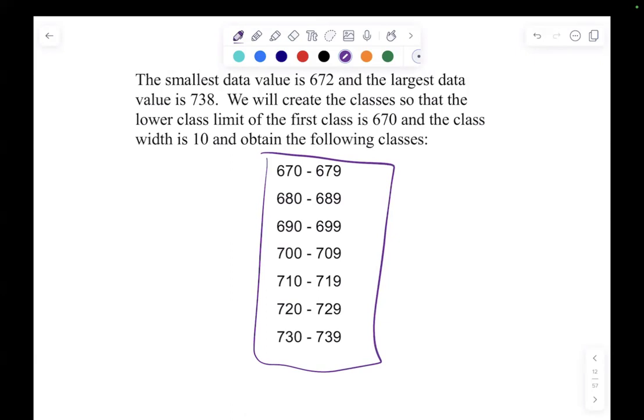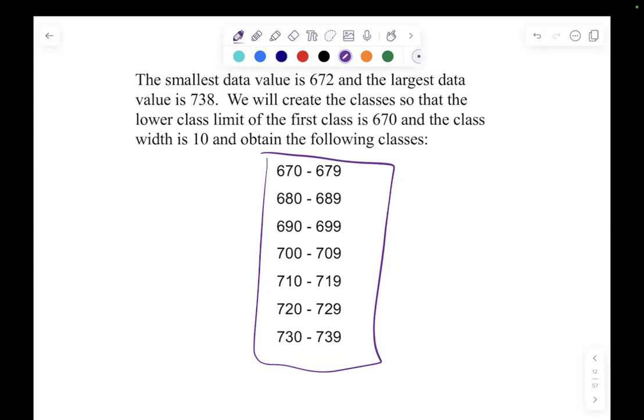I think you could probably get away with a little more than 12, but please do not go lower than 5. 5 is your baseline. 5 is the smallest number of classes you should have. And once again, it's just because it displays the data better.